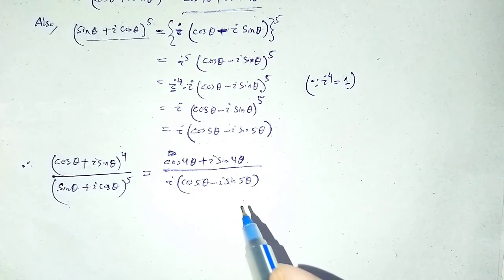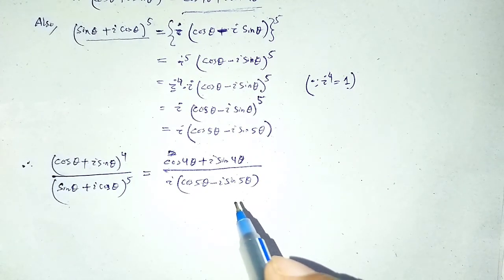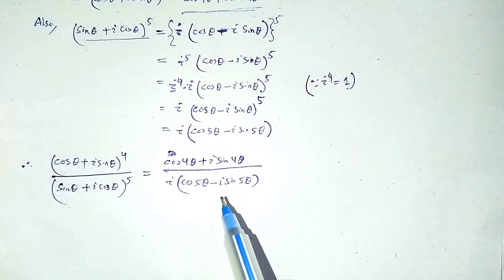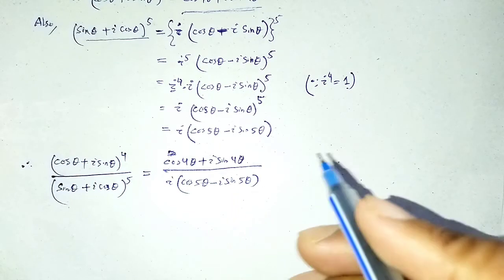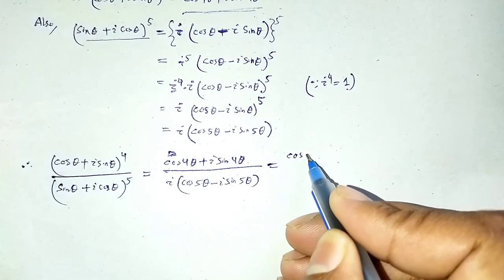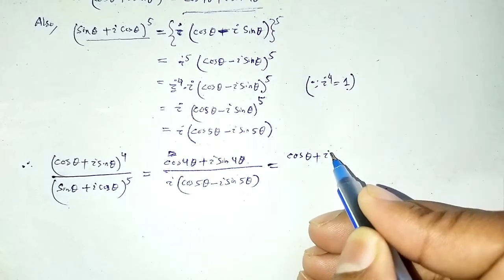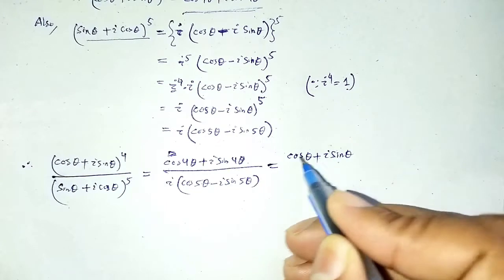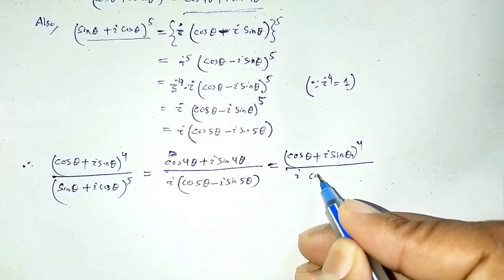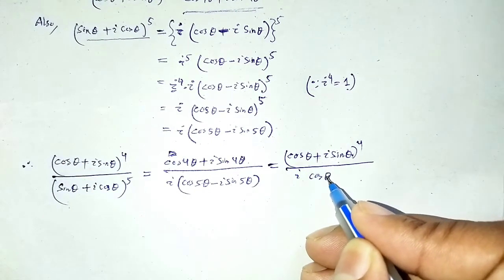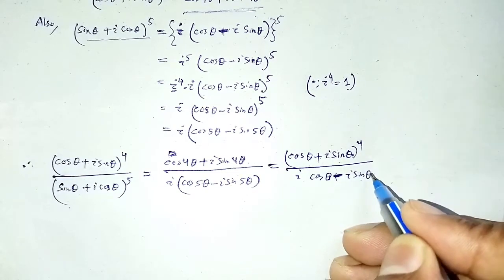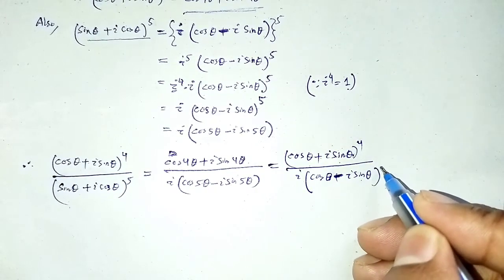Now we solve it the reverse way. That can be written as (cos theta plus i sin theta) to the power fourth divided by i (cos theta minus i sin theta) to the power fifth.